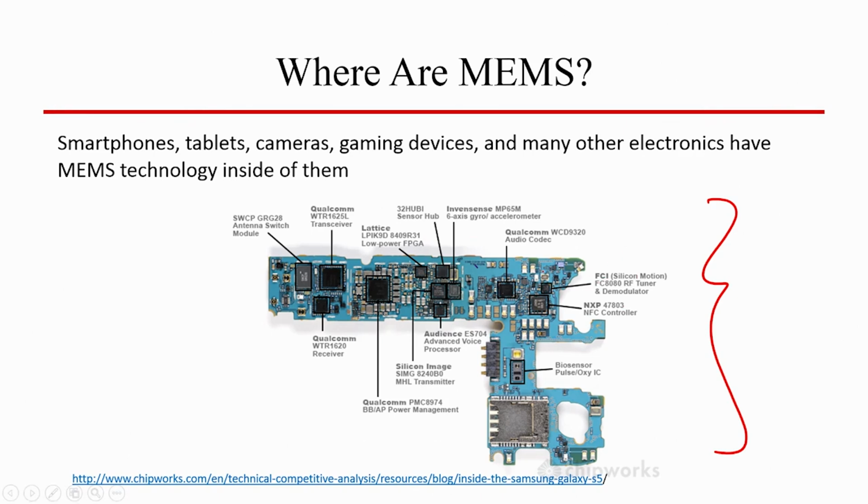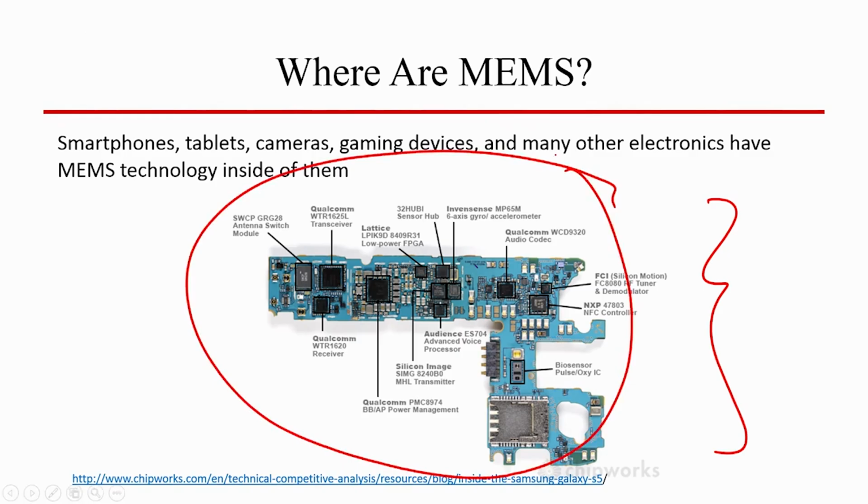So, advanced voice processor, transmitter, power management, biosensors. If you see this particular chip, you will be able to recognize and understand the beauty of MEMS based technology and how we can miniaturize the entire system into a few microns technology.